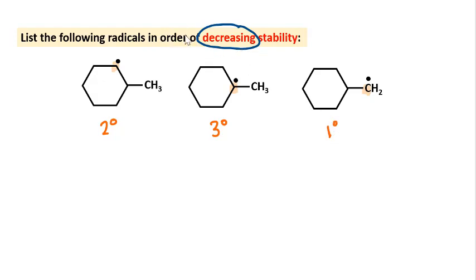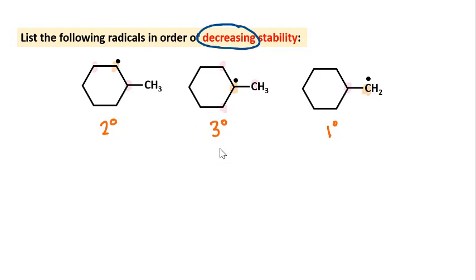To arrange it in order of decreasing stability, the one that is more stable is the one with more alkyl groups. Here we have three carbons, which are referred to as alkyl groups. Here we have two carbons next to the carbon radical, so two alkyl groups. But this carbon only has one alkyl group. So the one with the most alkyl groups attached is the most stable.